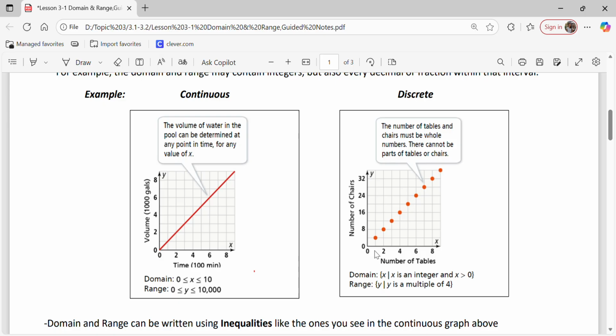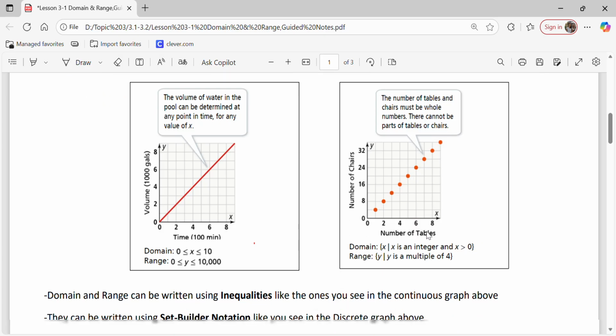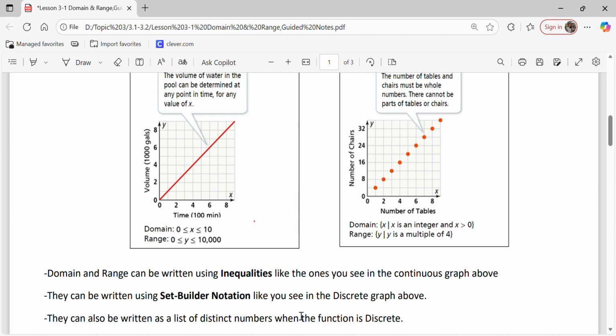So you have to make a condition that x is an integer, and then it's any number greater than, you can write also x is greater than or equal to 1. And then y, since you're starting 4, 8, 12, you can write it as a condition that y is a multiple of 4.